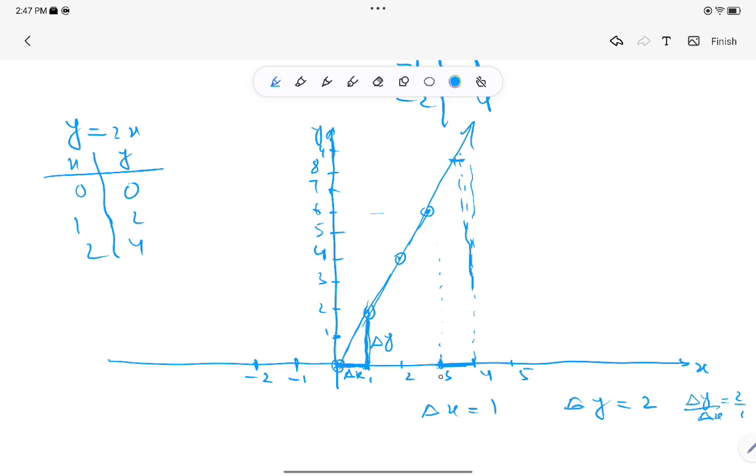Now at the beginning y is 6, at the end of this interval y is 8. So how much change do you bring about in y? That is delta y, changed by 2. So when you change x here by 1, delta x equal to 1, y changes by 2.